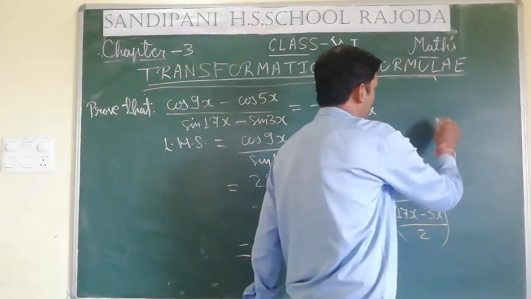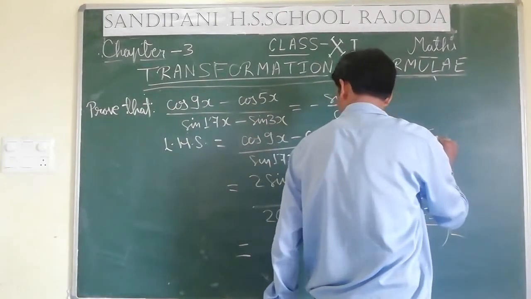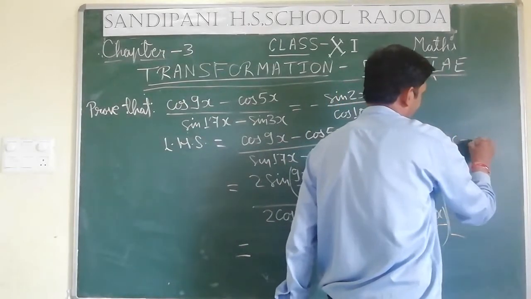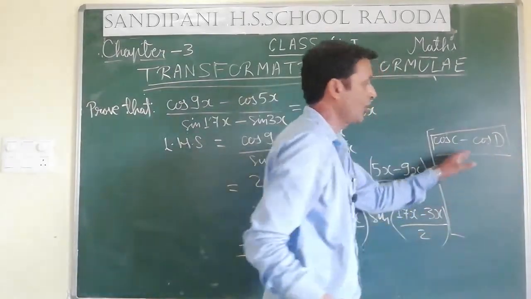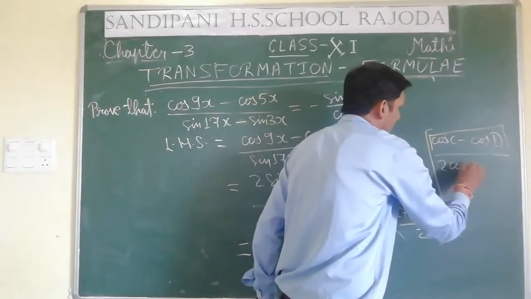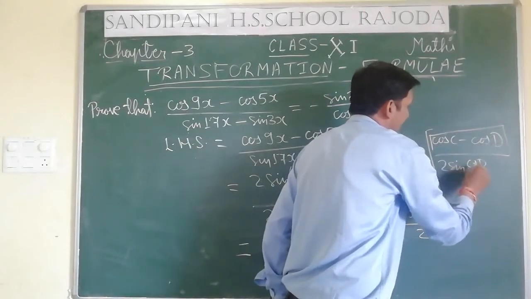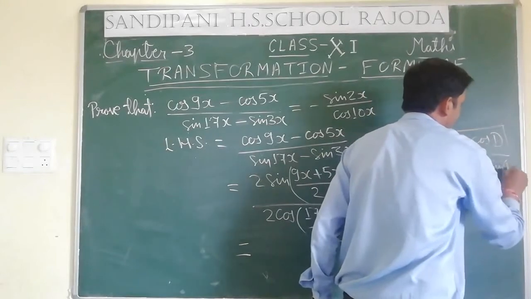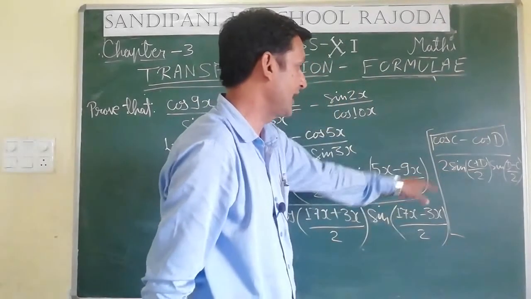So you may write here the applied formula. Cos C minus cos D, that part which I have mentioned, that formula is 2 sin C plus D by 2 sin D minus C by 2.